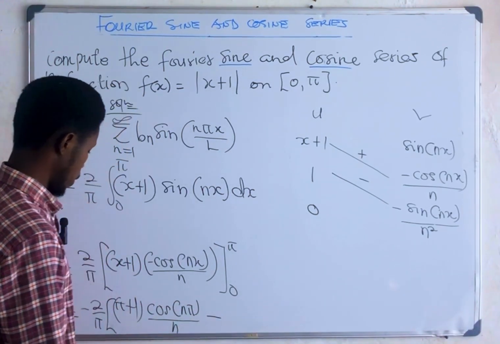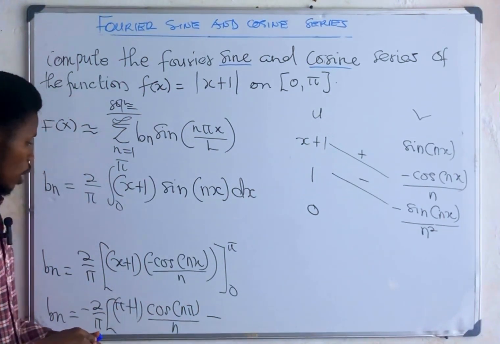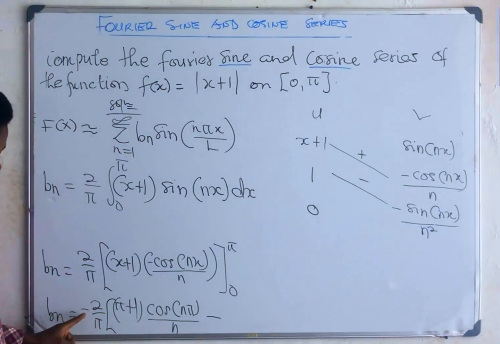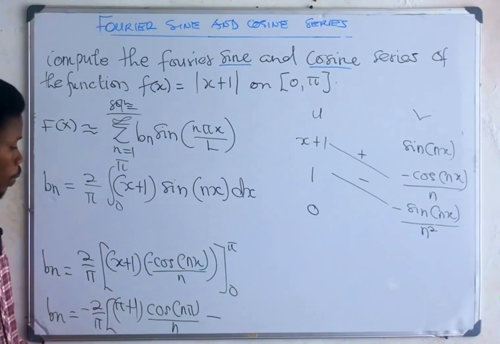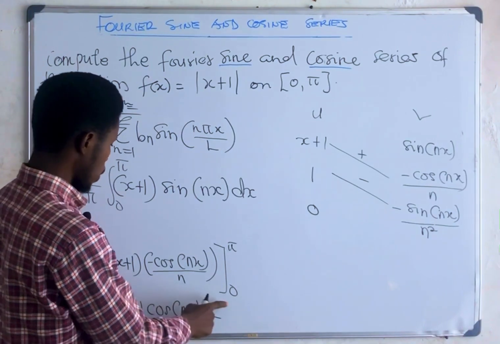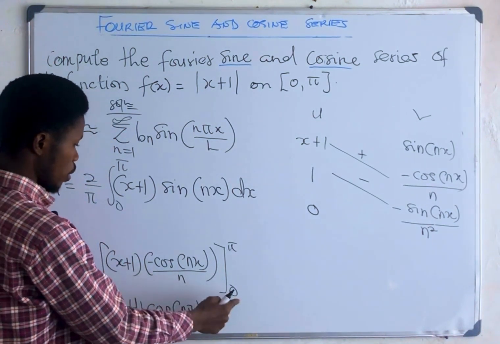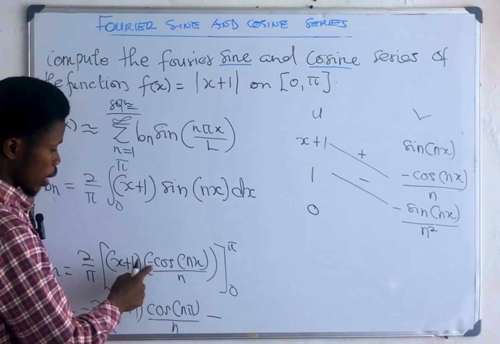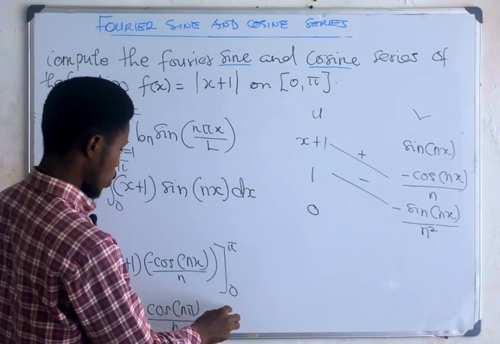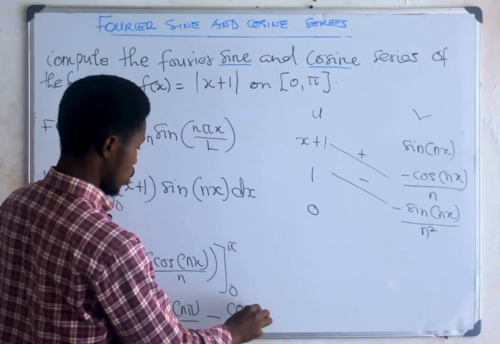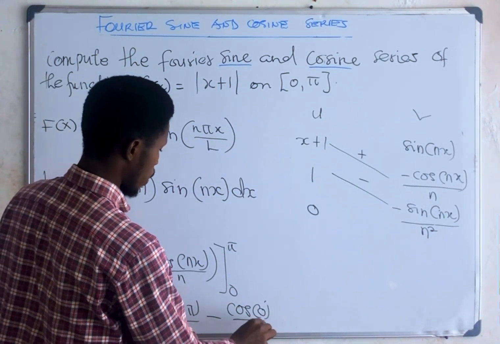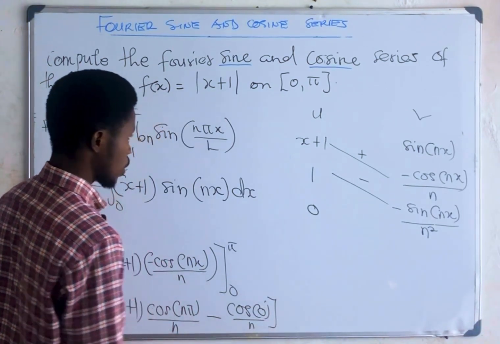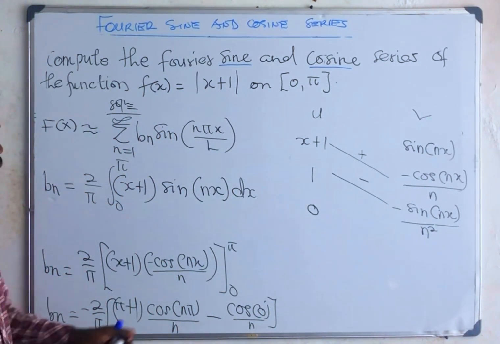Then minus, you see, I have brought the minus here out, okay? So this minus is going to affect everything here. So here, if I put 0 here, this will be 0. 0 plus 1 is 1. 1 times this is the same thing. So what I'm going to have here is cos. If I put 0 here, that will be n times 0. That will be 0. Cos 0 over n. So this is what you are going to get. Let me clean this side.